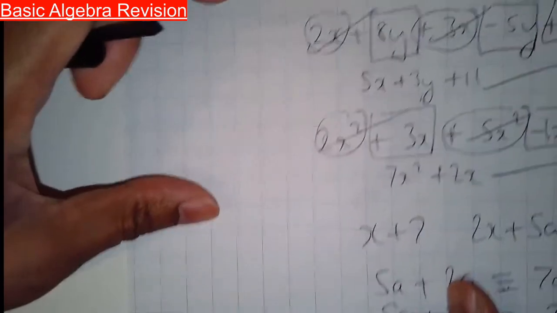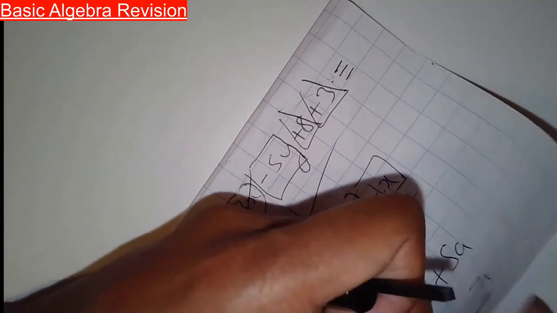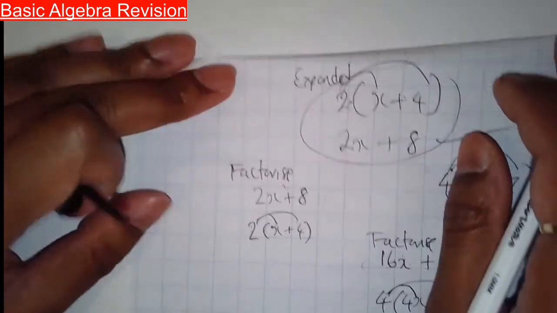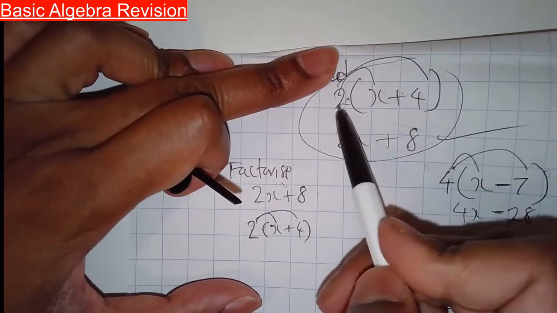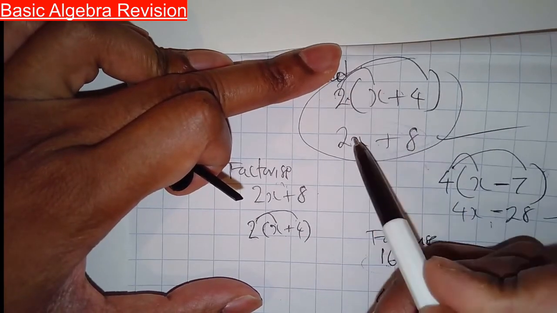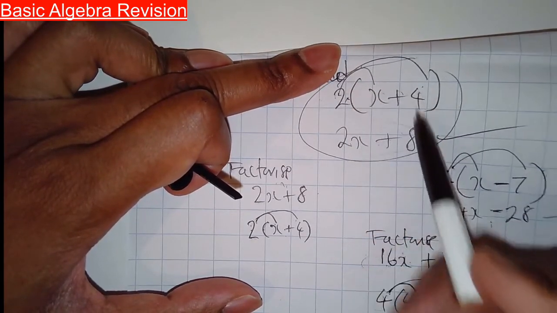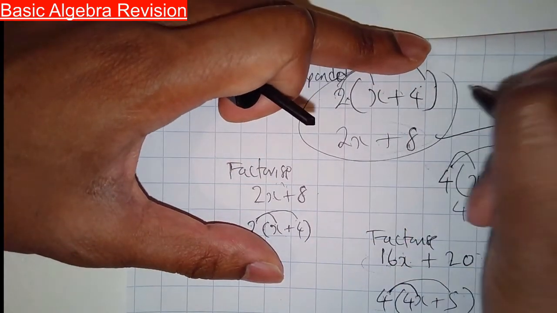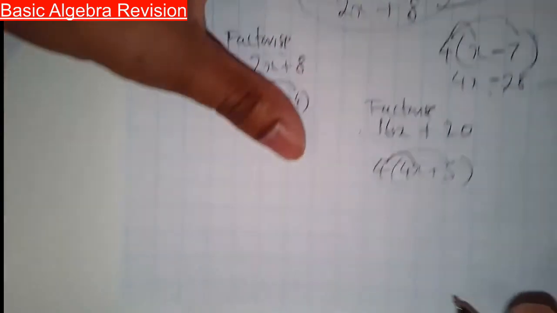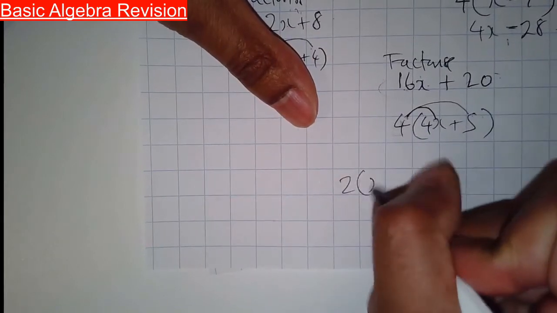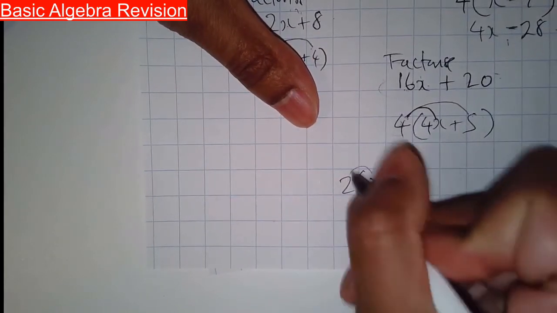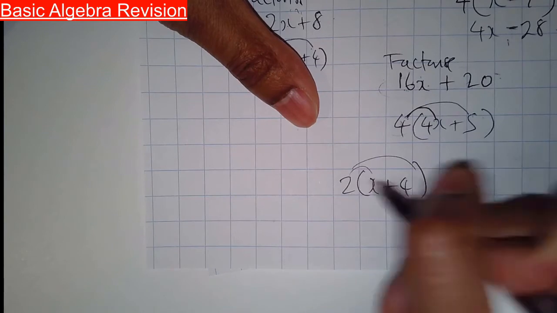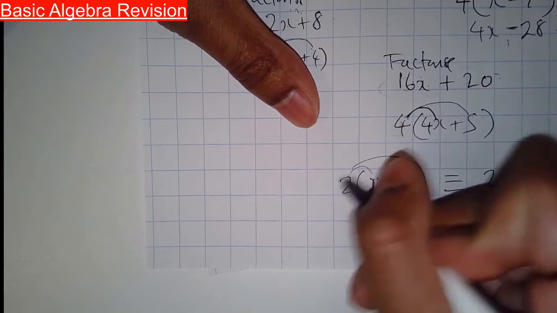Just in the same way, when we expanded brackets just a while ago, remember when I expanded this, 2 times x is 2x, 2 times 4 is 8. This expression and this expression are identical. So what you'd say is, once you've expanded this, it's identical to 2 times x is 2x, 2 times 4 is 8.